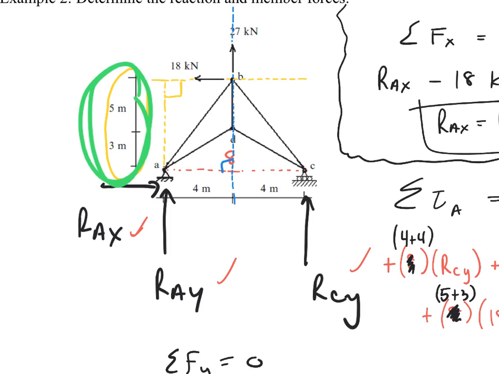We then found FAD and FAB. So we've got these two here. We still need to get this one right here, which we can easily do, and this one, and this one. We still need to get members 1, 2, and 3.